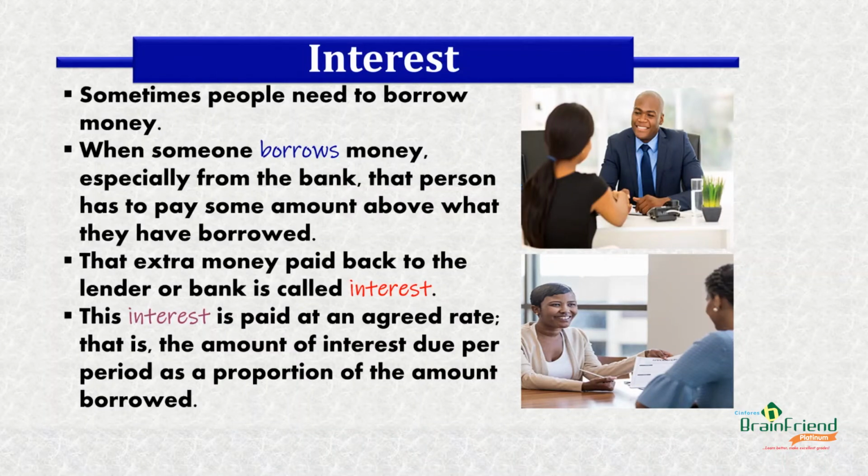I simply mean when someone borrows money, call it a loan, at the point of payment, he will pay some extra money to the lender. This is what we refer to as interest. Interest is usually paid at an agreed rate, that is, the amount of interest due per period as a proportion of the amount borrowed. Just for emphasis, principal, rate, and time. We must factor these three words whenever we are calculating interest.